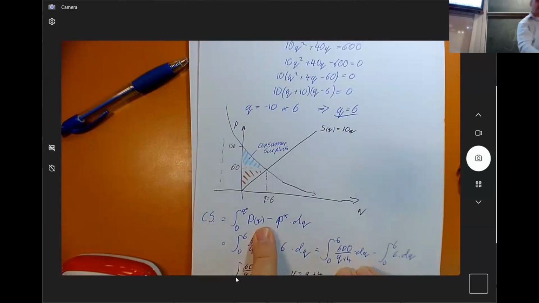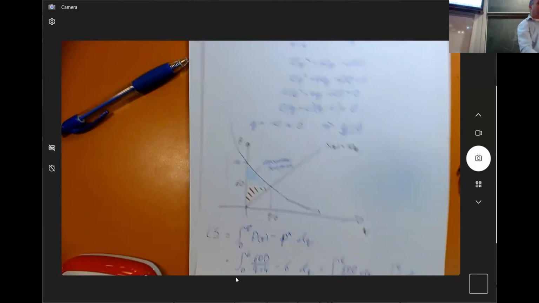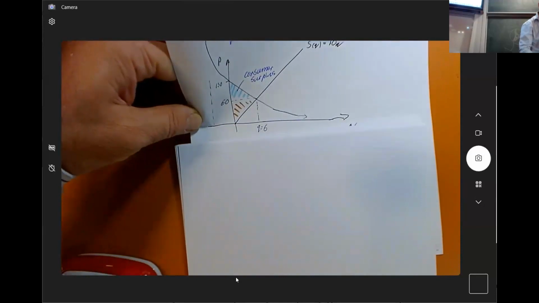That's how I came up with this, that's how I remembered the formula. I drew my little picture, and I'm going, okay, let's see what that works out to be.